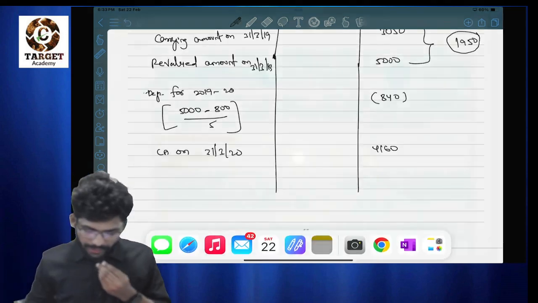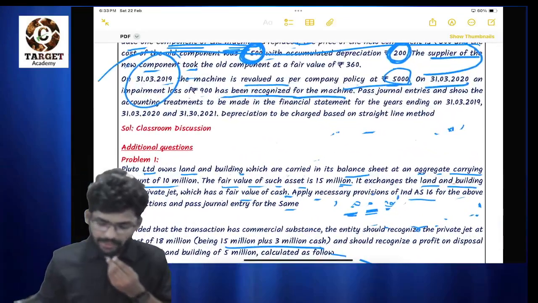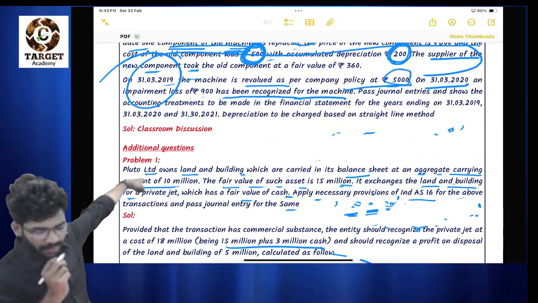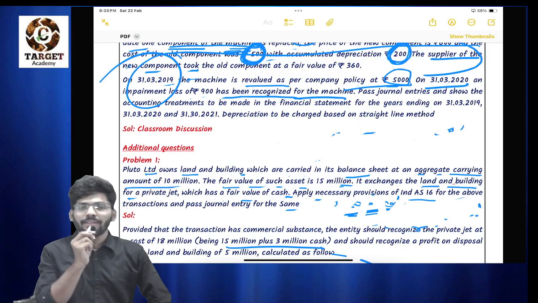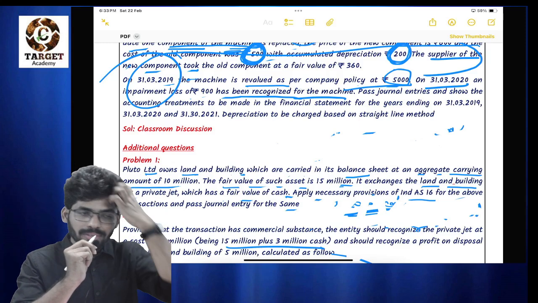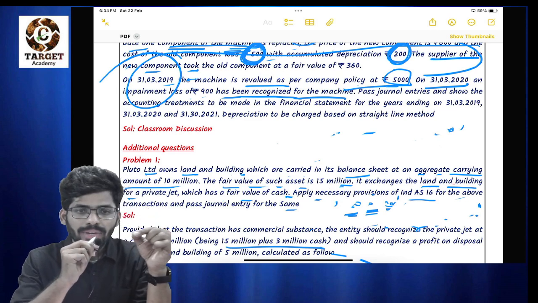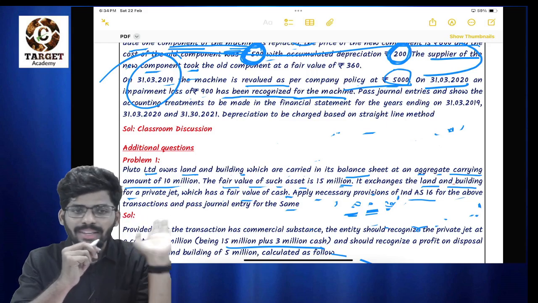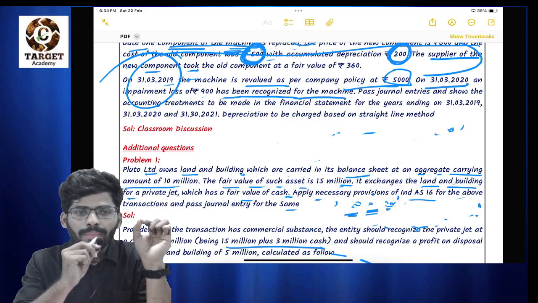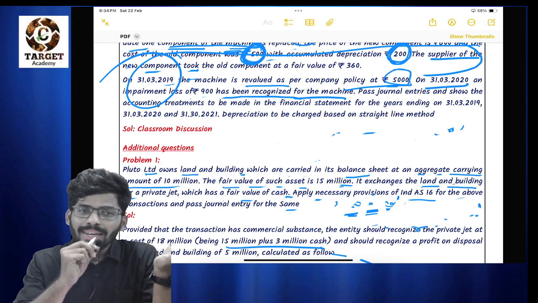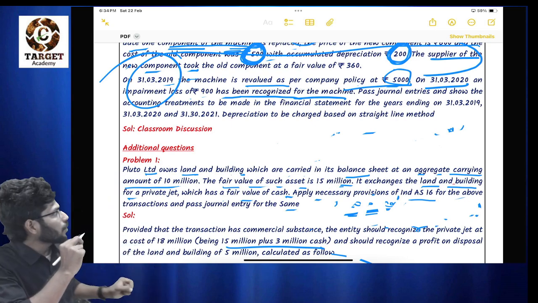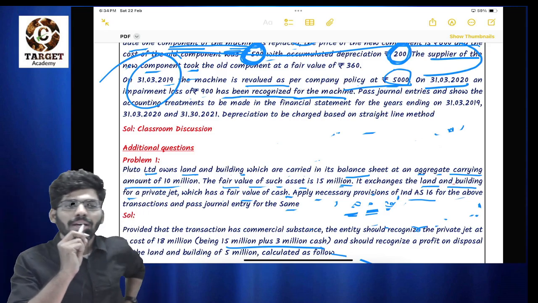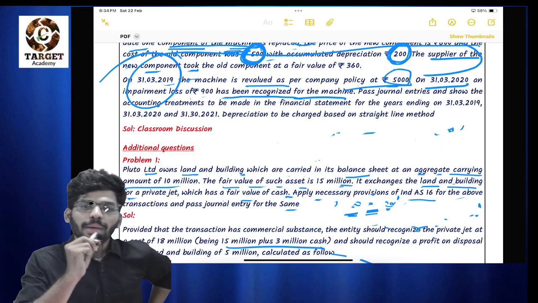Now coming to 2020, something happened in 2020. On 31st March 2020, an impairment loss of rupees 900 has been recognized for the machine, which means a decrease in the value of the asset. Impairment loss occurs when the carrying amount of the asset is more than the recoverable amount; the difference is known as impairment loss.